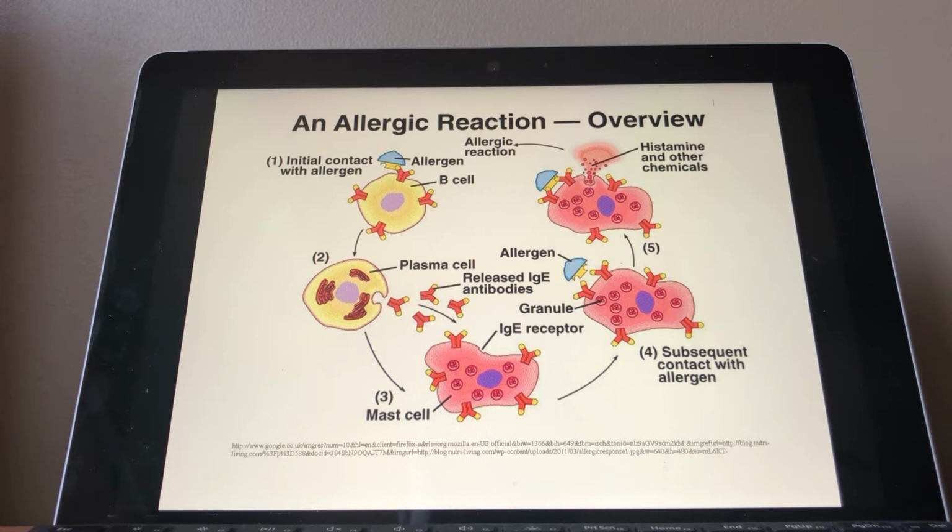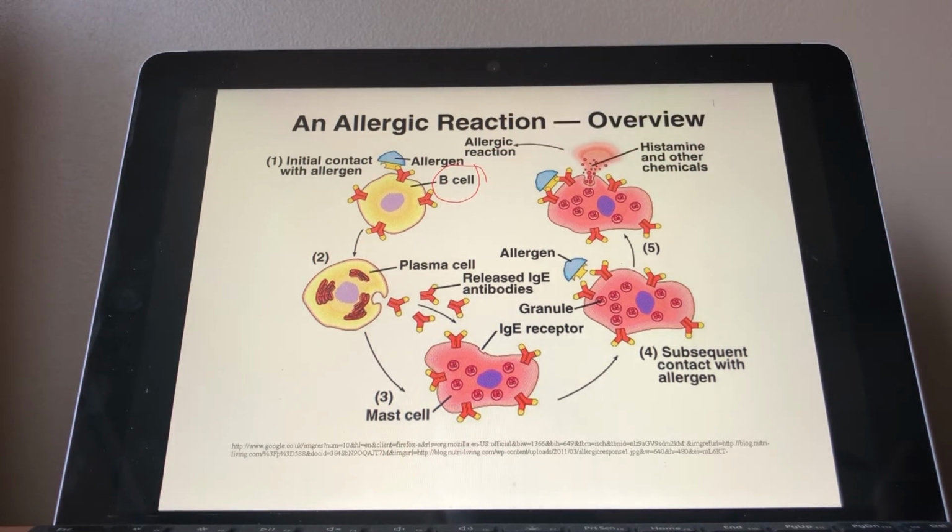And I want to go through now what's actually happening inside the immune system to cause this reaction. All right. So first of all, what are the cells that are involved? B cells.